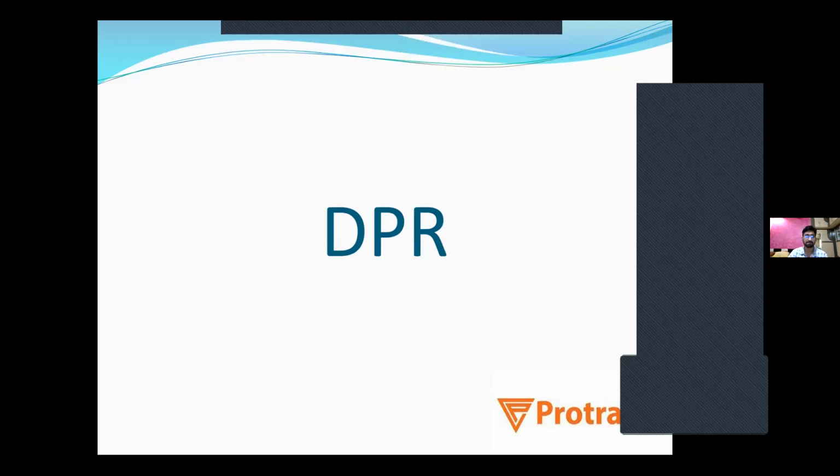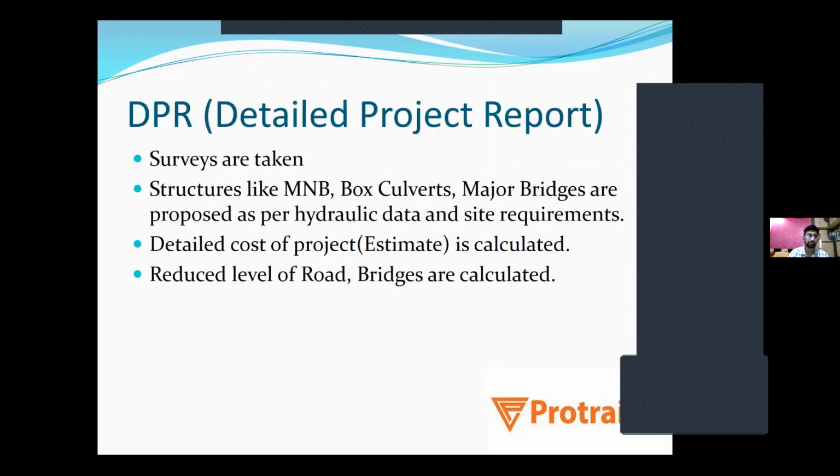So we will see how the DPR works. A detailed project report is nothing but the total minute details of the particular project which we are going to execute. In the detailed project report, various surveys are taken. We will learn them one by one. First of all, I'm trying to give you a summary.